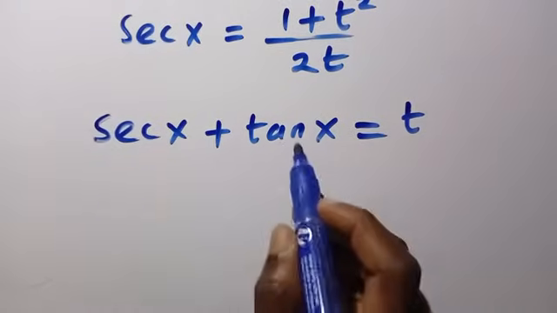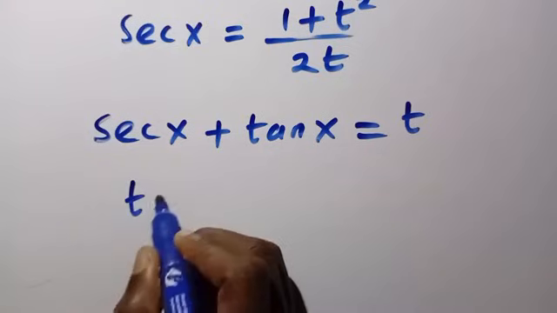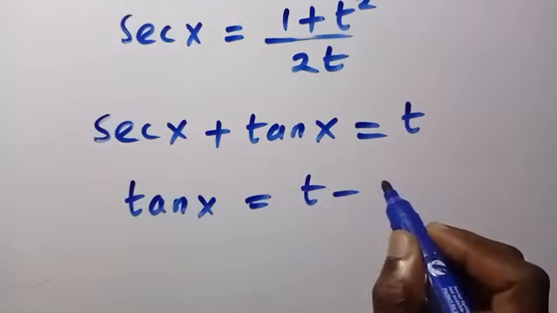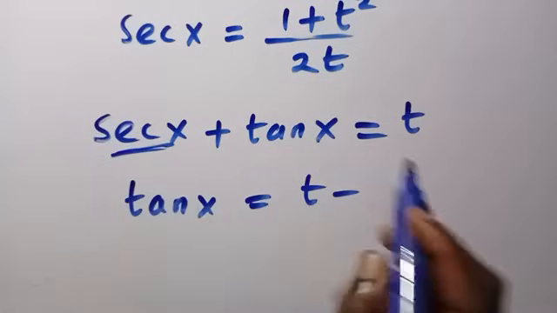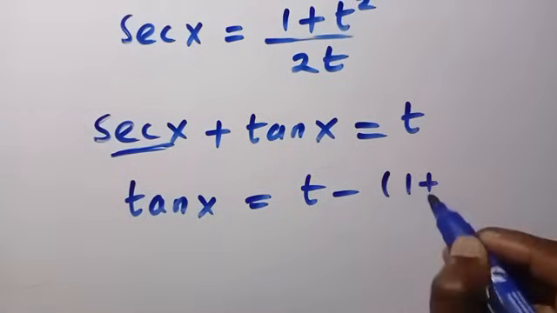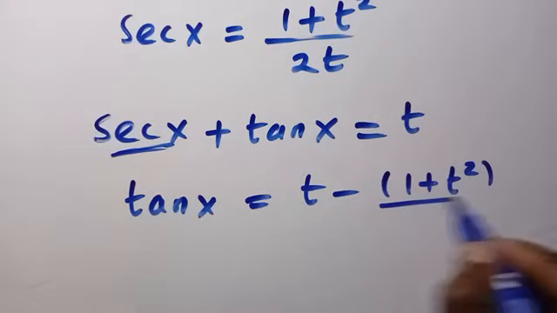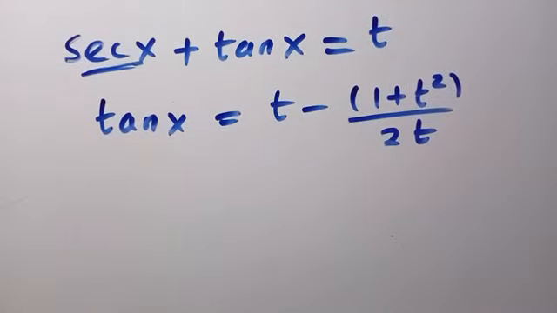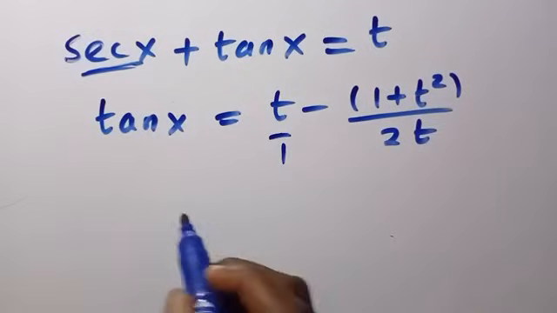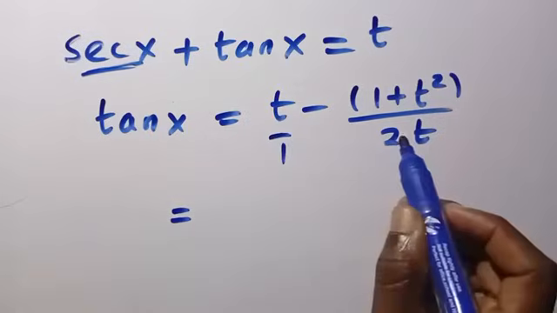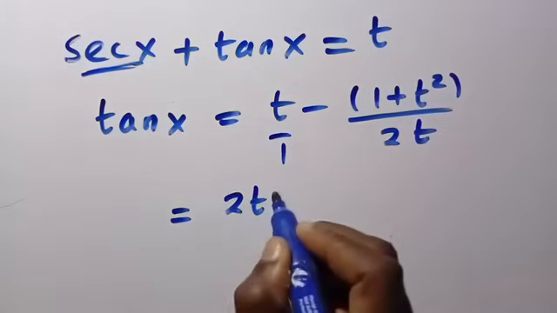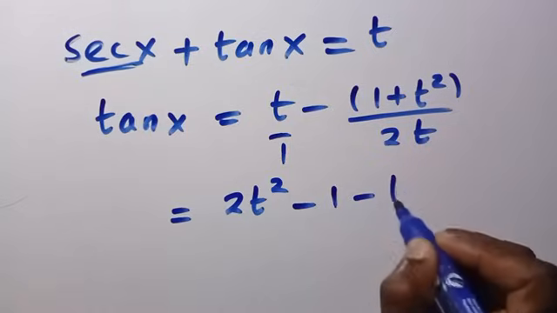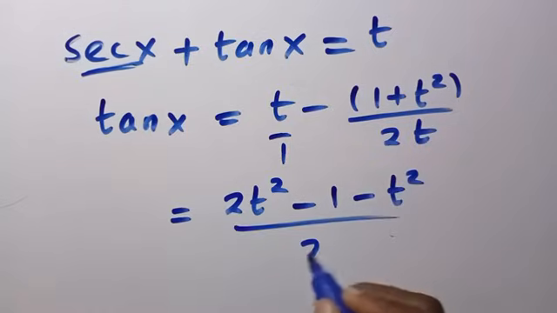Replacing it and making tan x the subject of the formula, we have tan x equals t minus sec x, but sec x is 1 plus t squared divided by 2t. If t is divided by 1, we have t multiplied by 2t, that is 2t squared, minus 1 minus t squared, all divided by 2t.